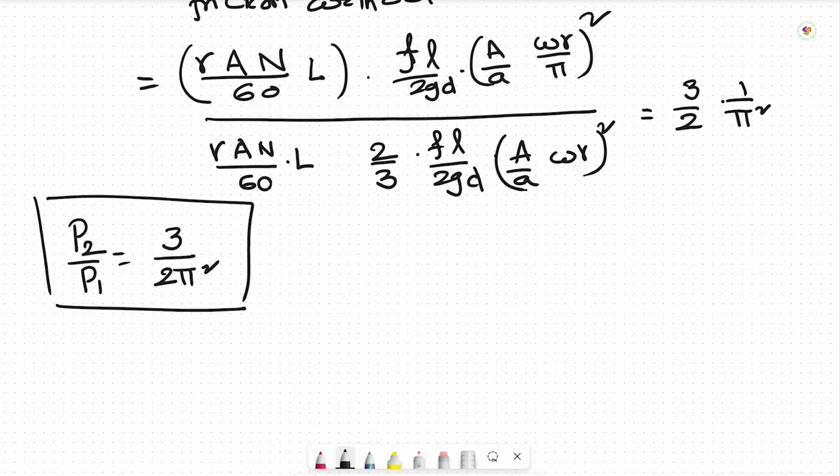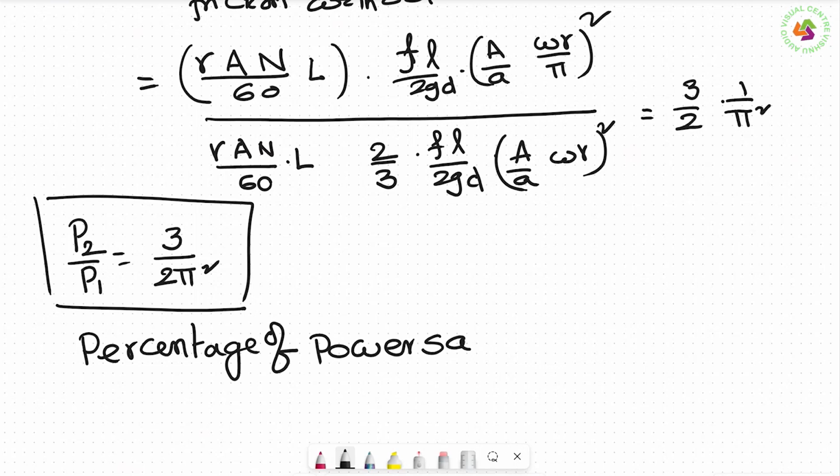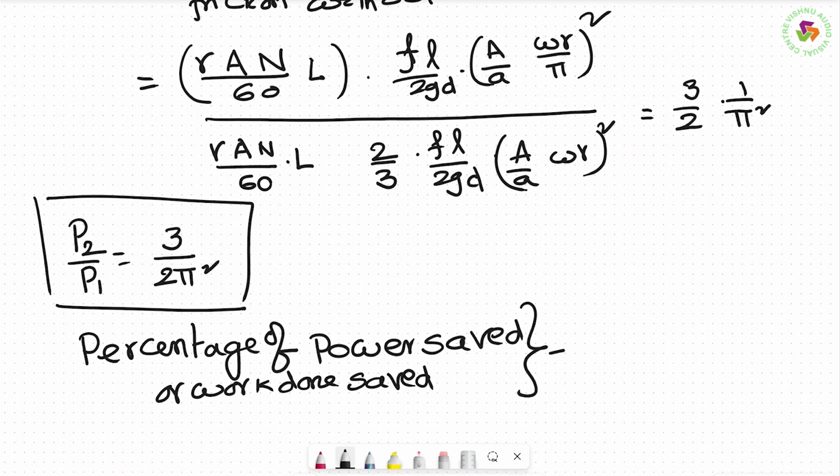Therefore, the percentage of power saved, or work saved, is equal to (P1 minus P2) by P1 into 100.